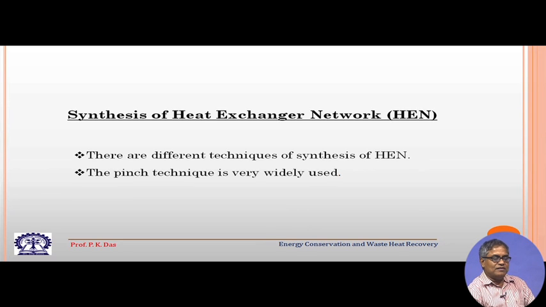So, we have to change the heat exchanger network. These are complex kinds of problems. We will try to see the simple principle of heat exchanger network analysis, and that too not by all the available methods. We try to apply the pinch technique, which is a very well established, well accepted and widely used technique.